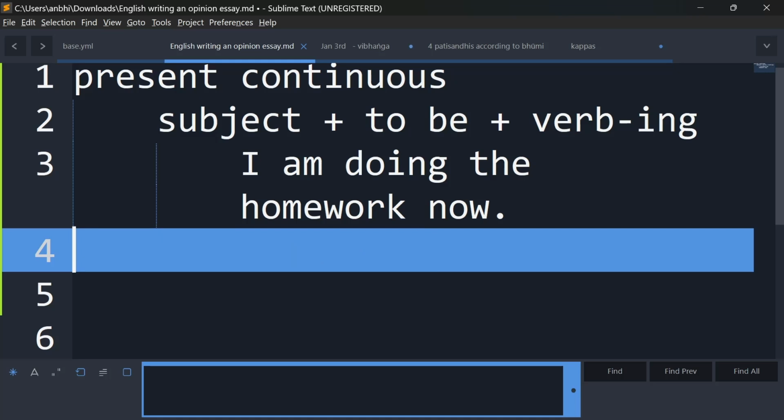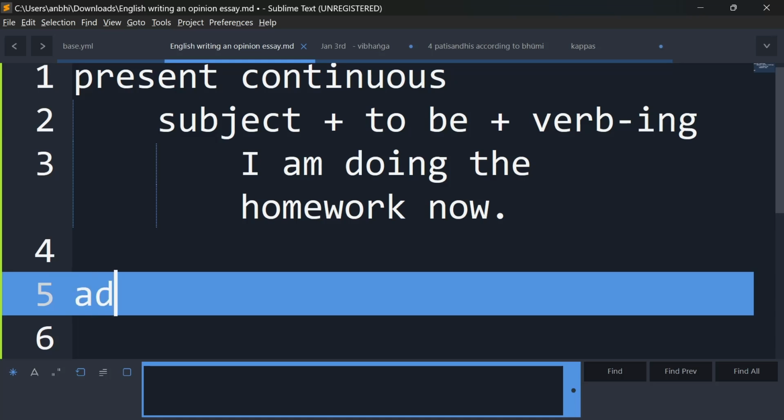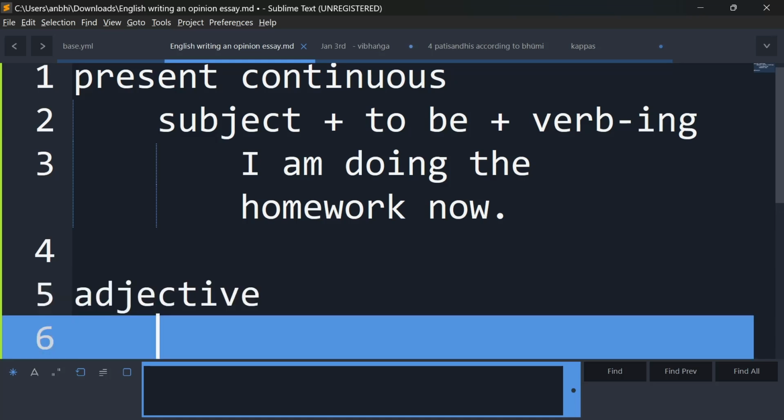Anyways, okay, you have this construction of the present continuous. What I don't want you to mix it with is the adjective. For example, when you have an adjective, very often adjectives go before the noun, right?